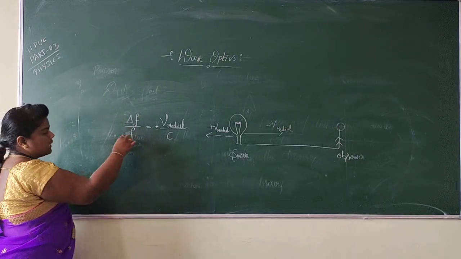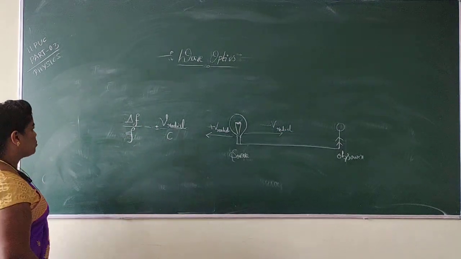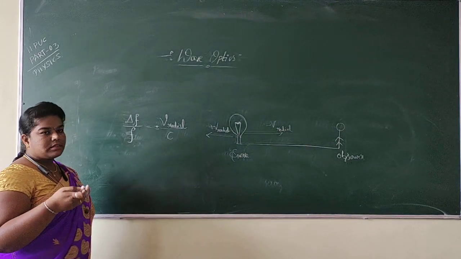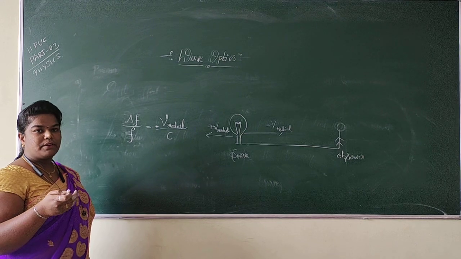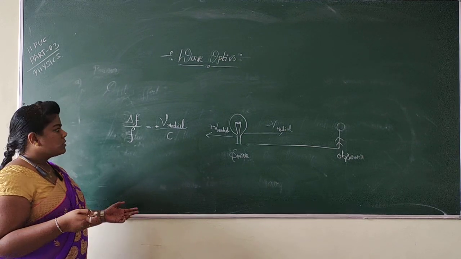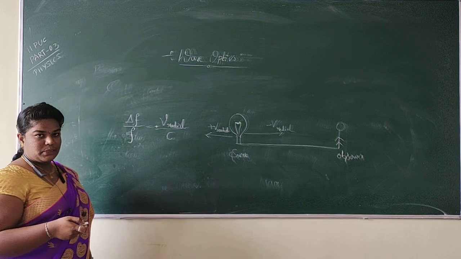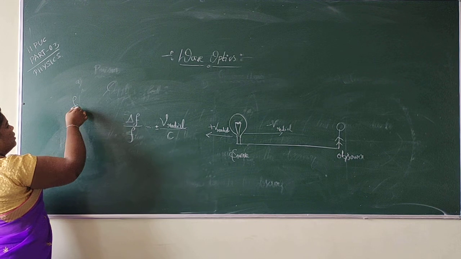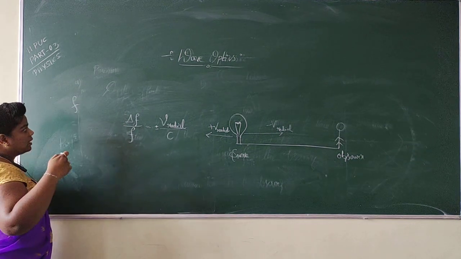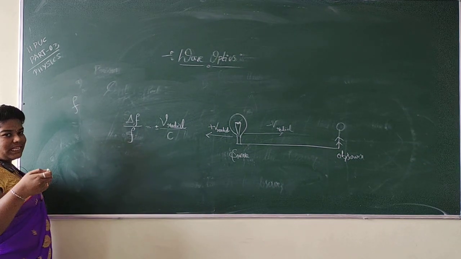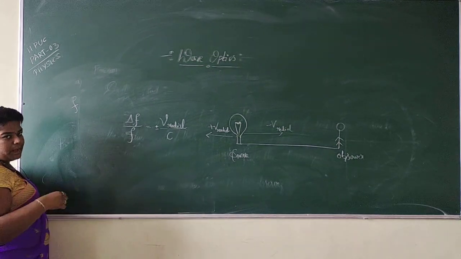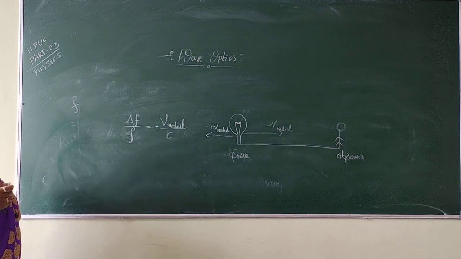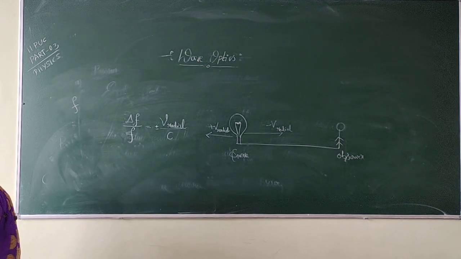Next point, note it down. Frequency, we can write it in terms of wavelength also. Why? Because shorter wavelength can shift to longer wavelength, and longer to shorter wavelength. That's why we got red shift and blue shift. To understand this clearly, you know the formula nu equals c by lambda, or lambda equals c by nu. You know the relationship between frequency and lambda.